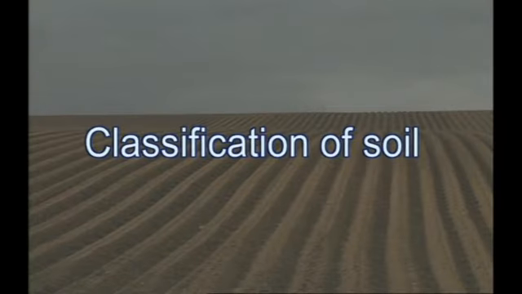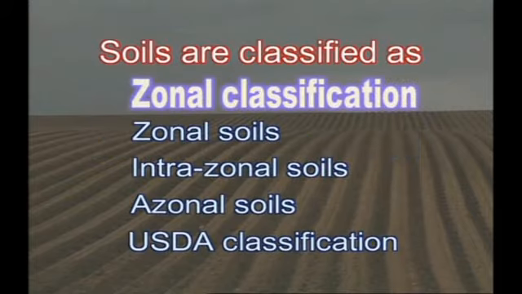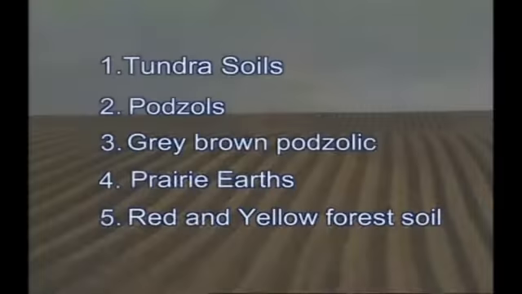Classification of soil. Soils are classified as zonal classification. Zonal classifications are further divided into zonal soils, intrazonal soils, azonal soils. USDA classification. Zonal classification of soil is subdivided into the following groups: 1.